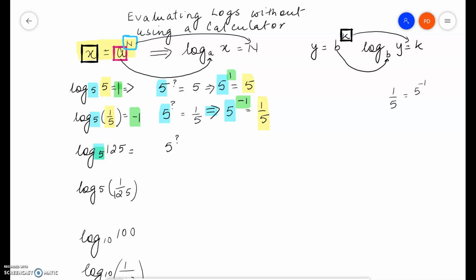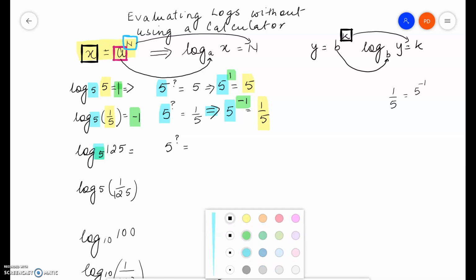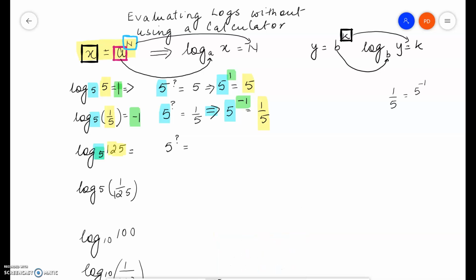We are trying to write this in the exponential form. We're trying to write the number 125 in the exponential form with base 5. So 5 to the what equals the number 125. And if we can figure out the exponent, that is the log of the number. So if you do some simple calculations, you'll see that 5 times 5 times 5 is 125.